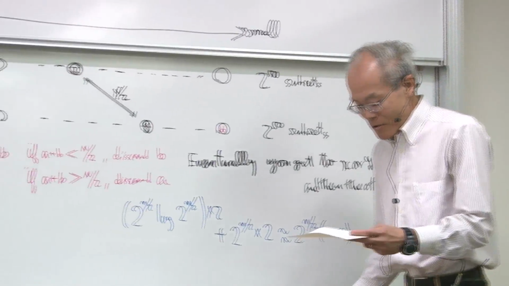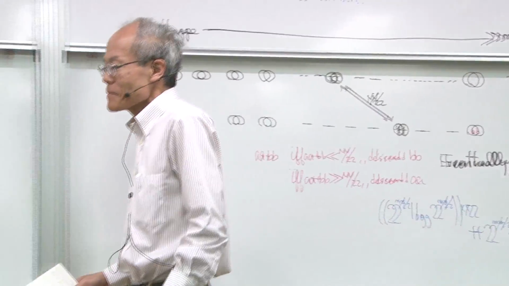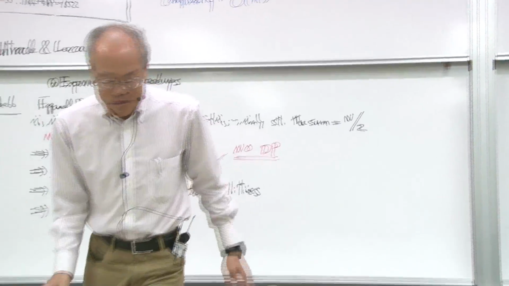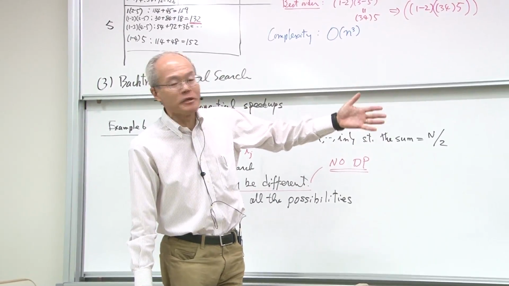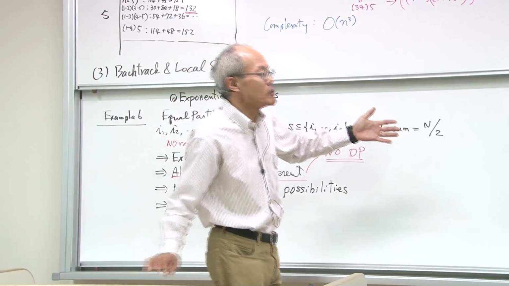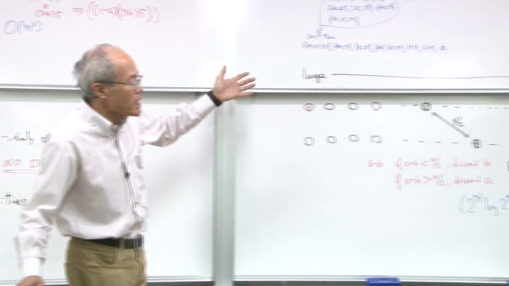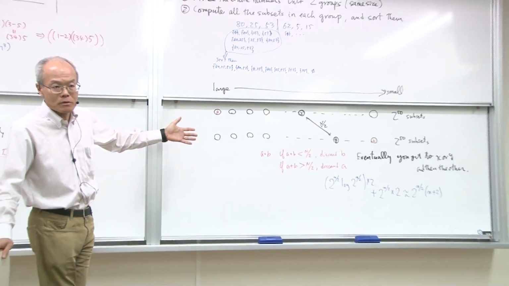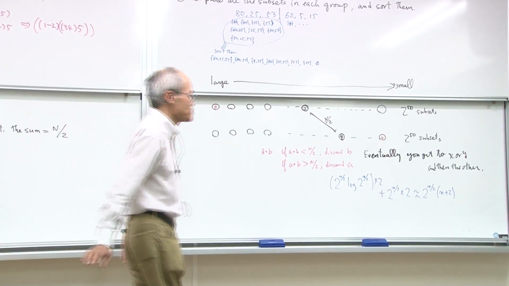Okay. So this is what we call exponential speed up. Our speed up ratio is something like 2 to the n over 2 to the n over 2. This is exponential speed up.